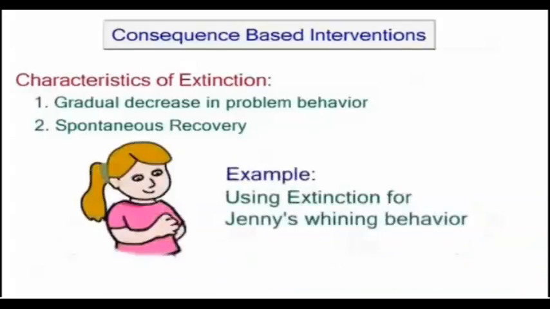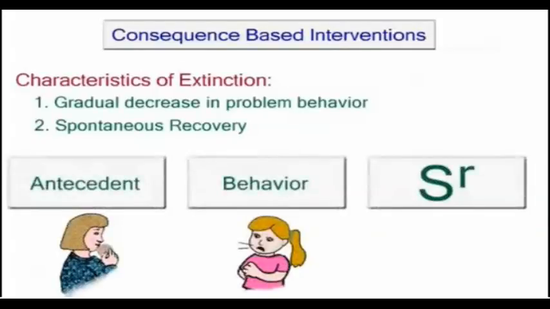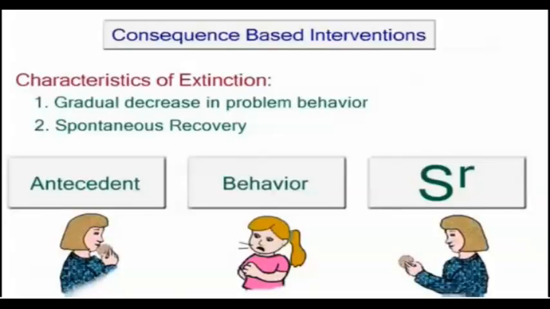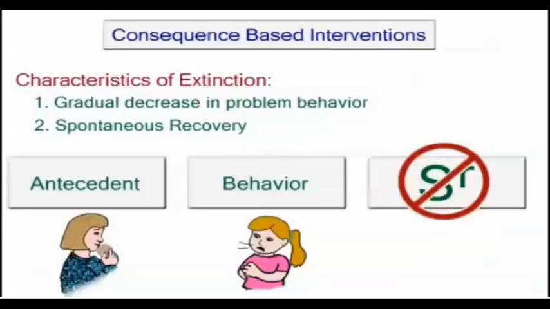For example, Jenny's whining behavior was extinguished by no longer giving her a cookie when she whined. Because of this, Jenny hasn't whined for several weeks. However, recently, Jenny whined when she saw her mom eating a cookie. If Jenny's mom were to give her a cookie when she whines, Jenny will start whining more often. If Jenny's mom does not give her a cookie when she whines, or continues the extinction procedure, Jenny will again stop whining.